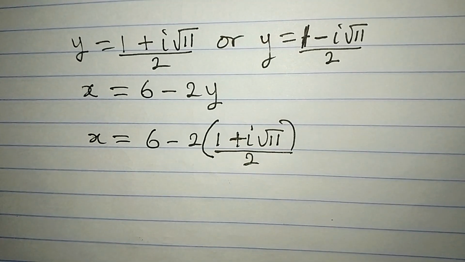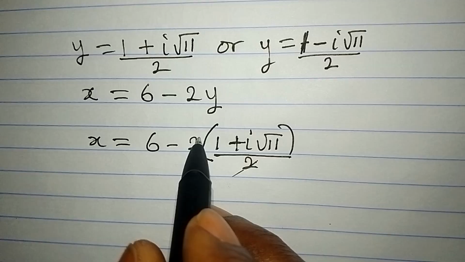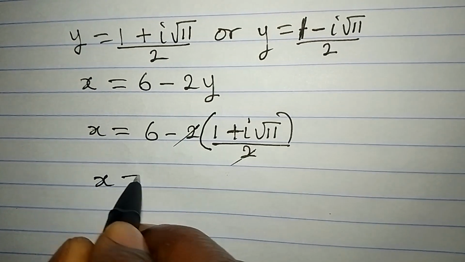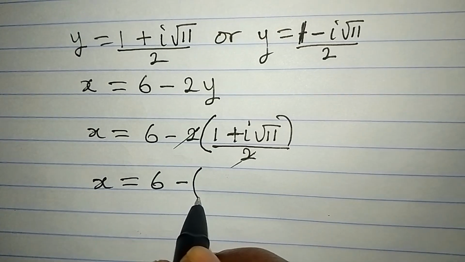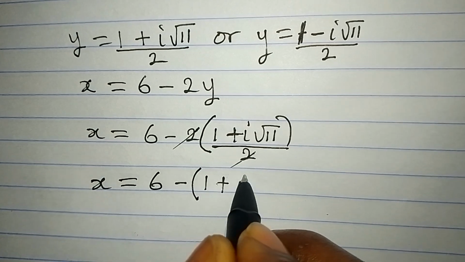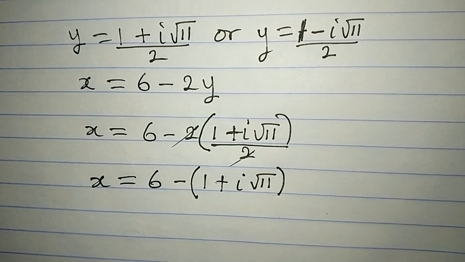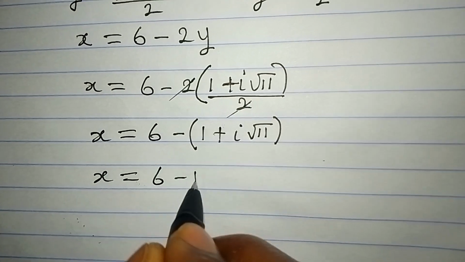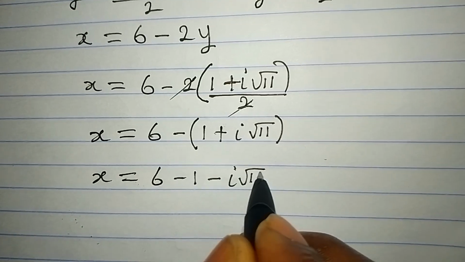Okay, and this equally means that this can just go there and cancel this. So we now have x equal to 6 minus, open bracket, 1 plus I root 11. So we can now open this to get x equal to 6 minus 1 minus I root 11.